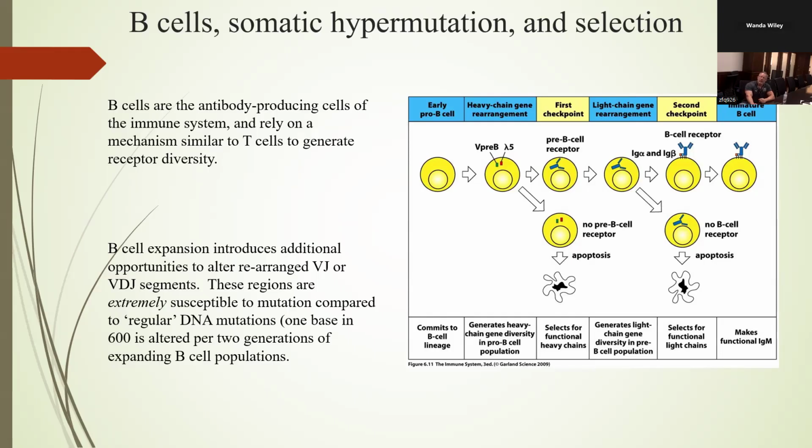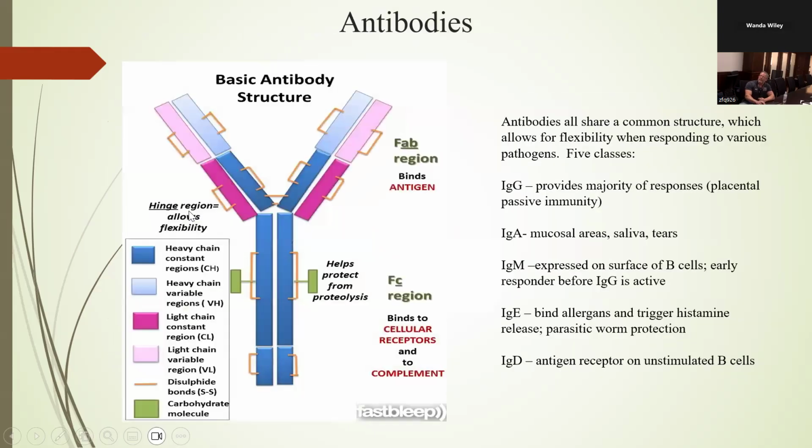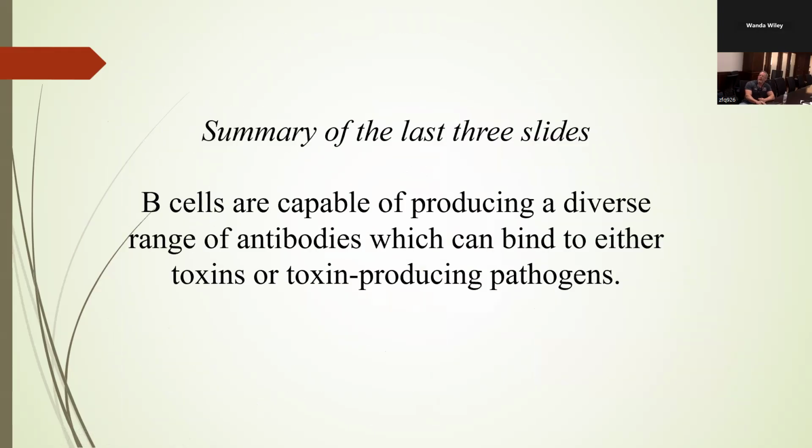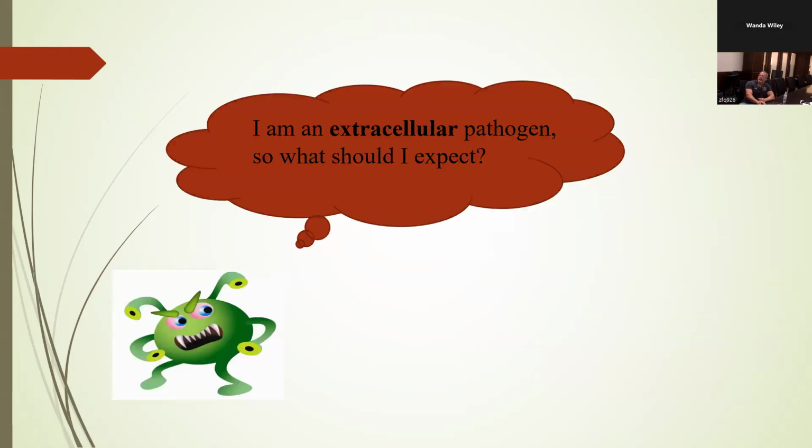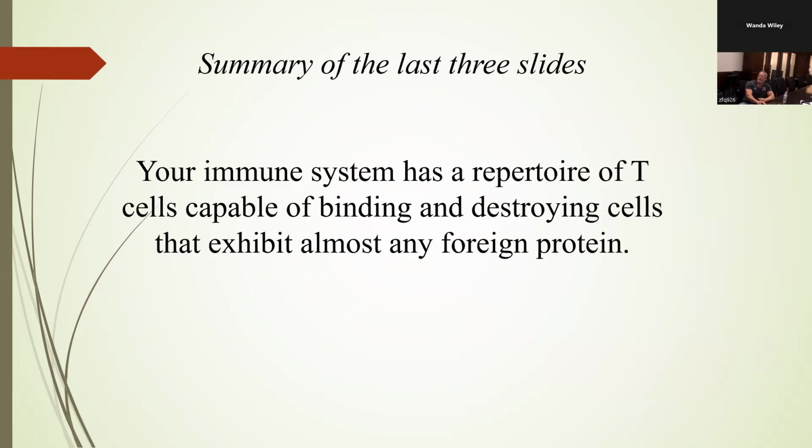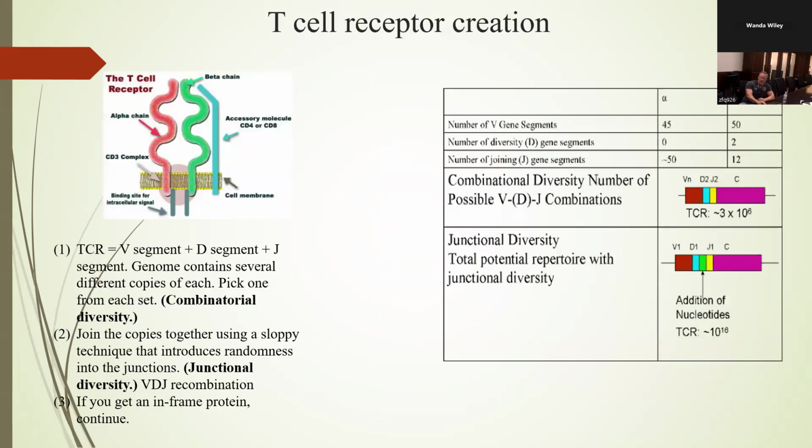So the B cells are going to produce antibody, and they use a mechanism very similar to T cells to generate their receptor diversity as well. So we talked about how the T cell uses this VDJ recombination, this junctional diversity mechanism, to change the receptor of the T cell.